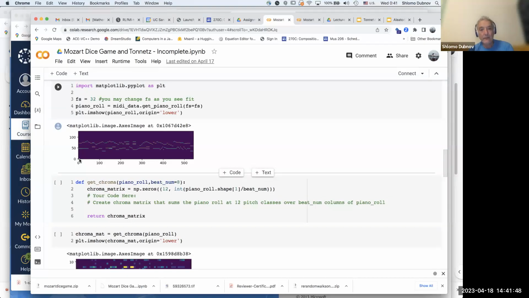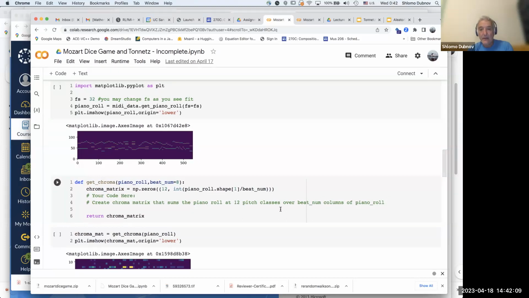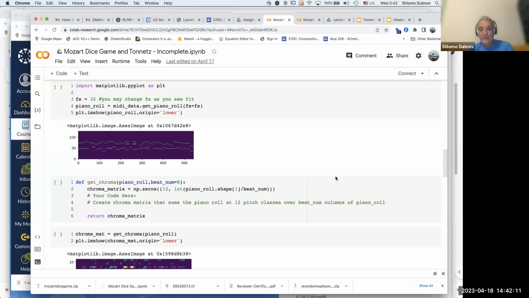All of these notes, we don't care what octaves they are, are pitch class 0. So you have 12 pitch classes. The whole idea is basically to cut out a chunk of this piano roll and create a chroma matrix that sums the piano roll at 12 pitch classes over some subset of columns, which we call beat num.